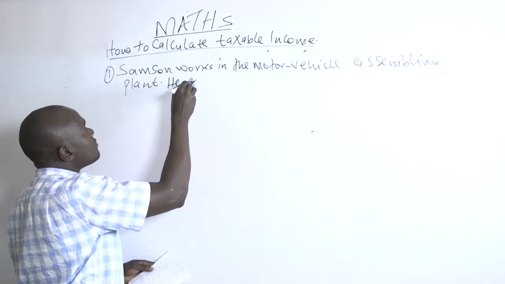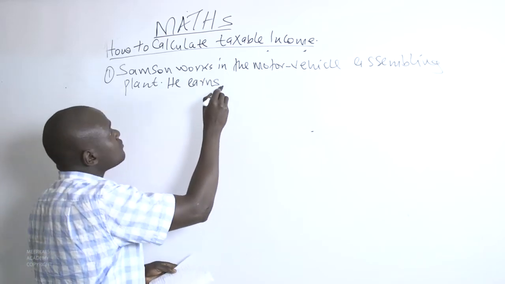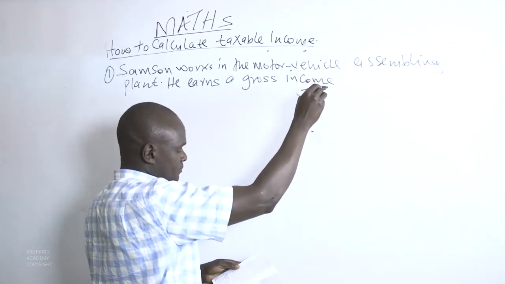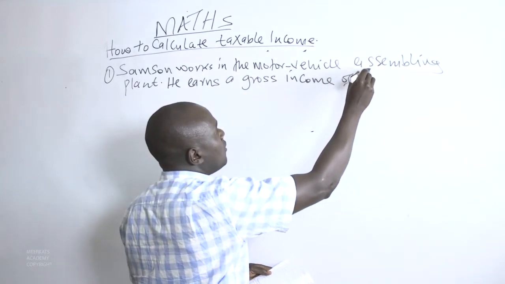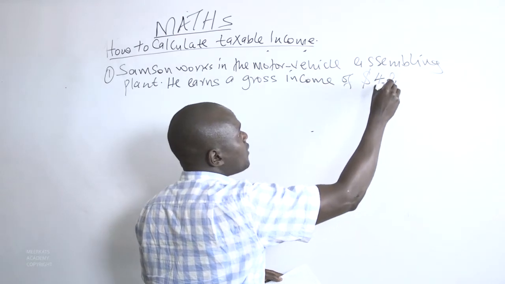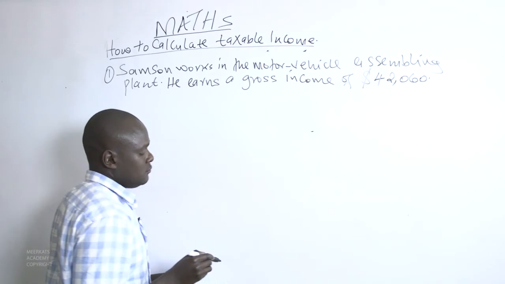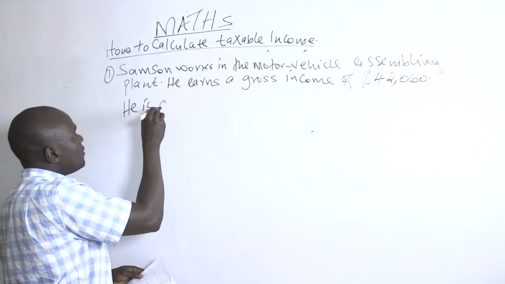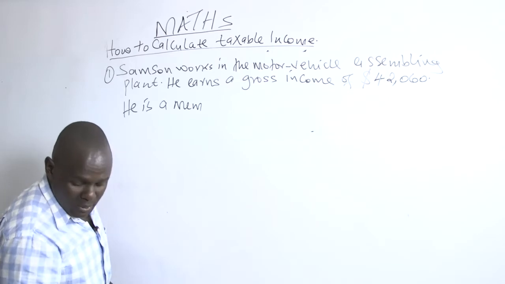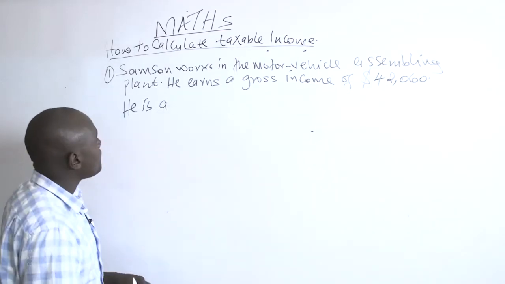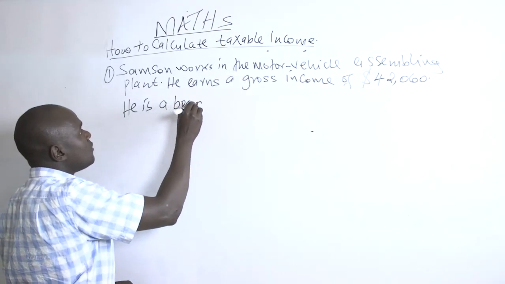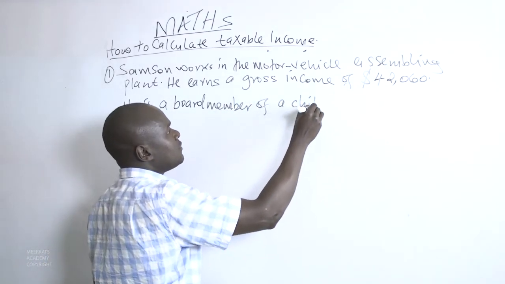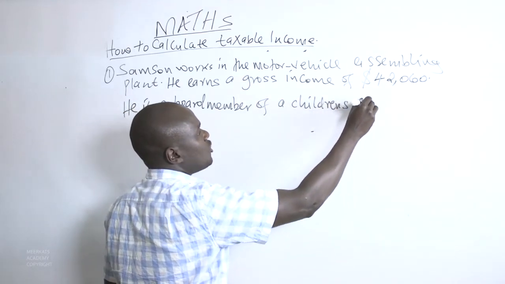He earns a gross income of $42,060. He is a board member of a children's orphanage.